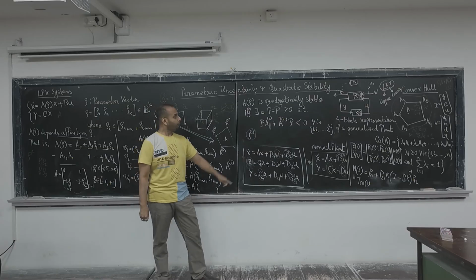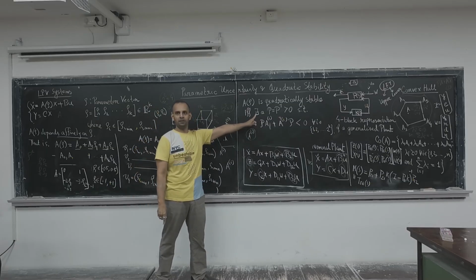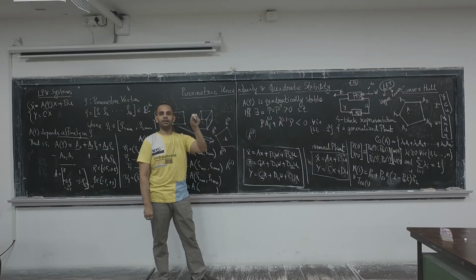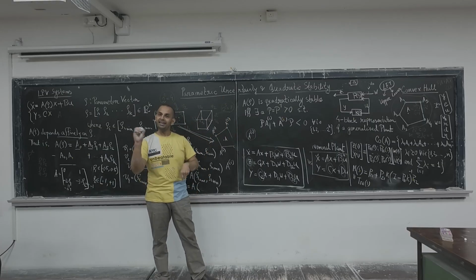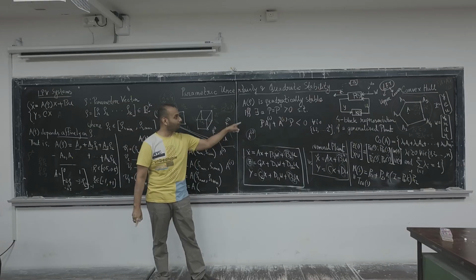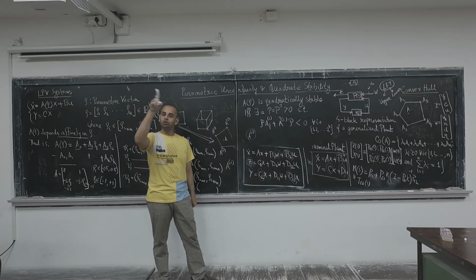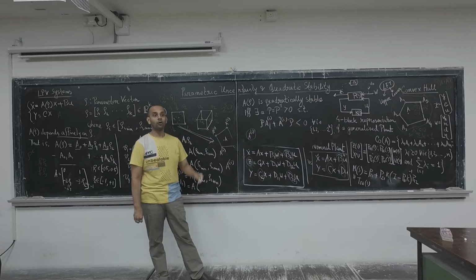So if you can find a common P matrix which will satisfy on the vertices of the convex hull, then for any A which can be represented as a convex combination of these A's, the same P will apply to that A as well.